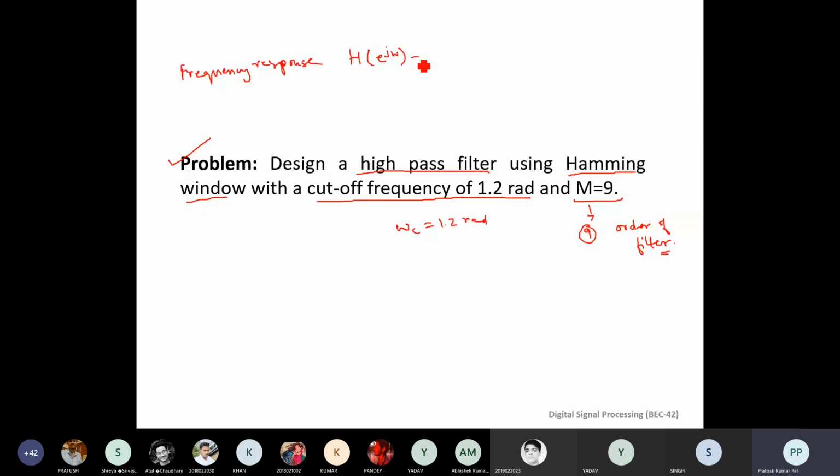If it is given, we can proceed to find hd of n, and then multiply this hd of n by the window function given in the question, and that will give us the impulse response of our desired filter.